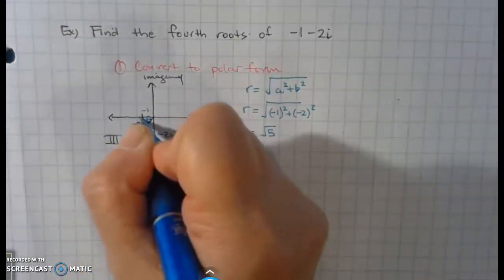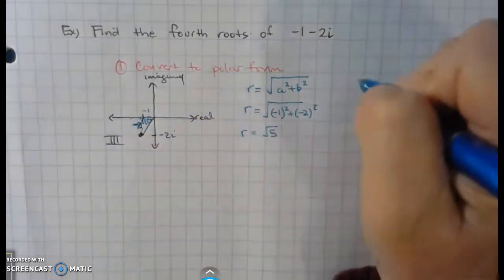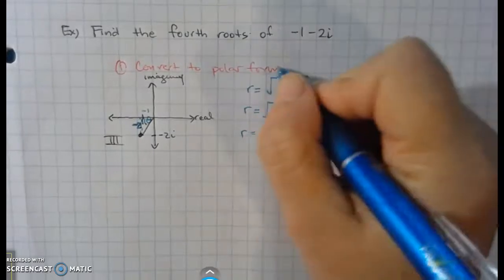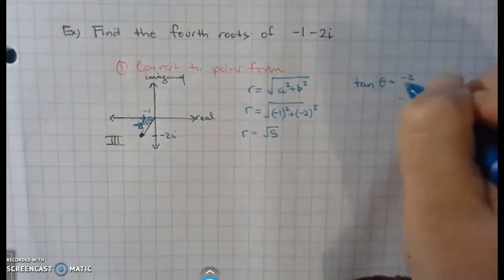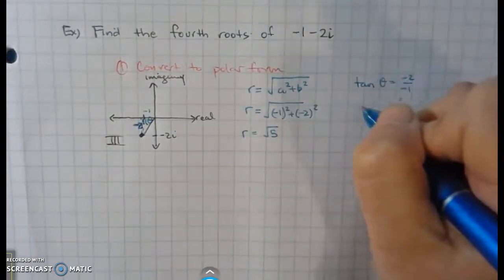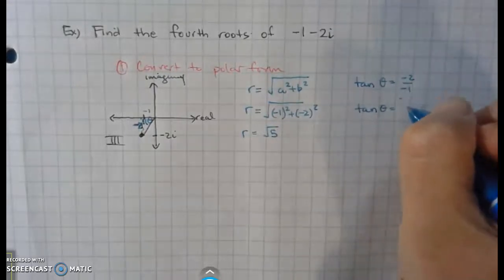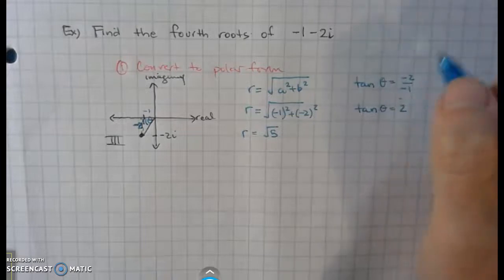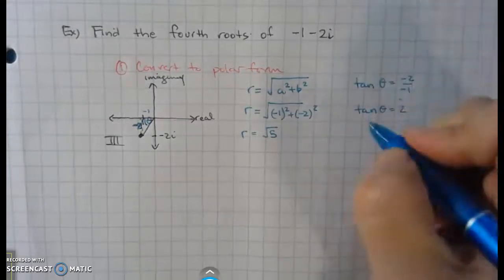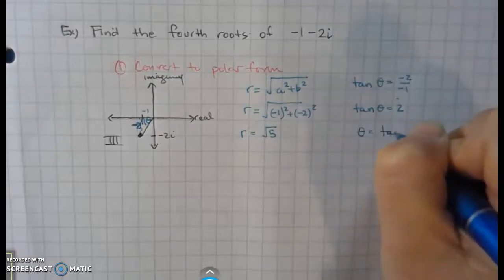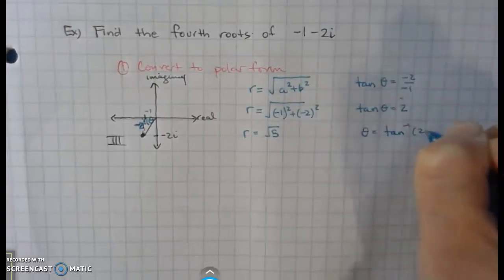So tangent of beta is going to be b over a, so that's -2 over -1. Tangent of beta is -2 divided by -1, which is just +2. So beta is going to be inverse tangent of 2.